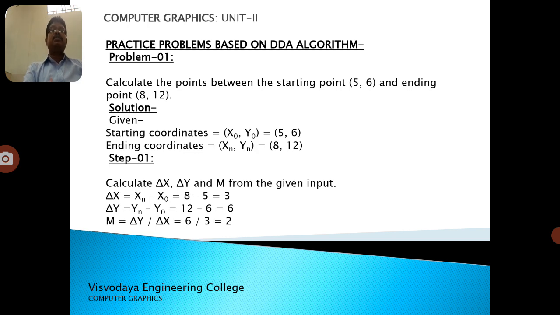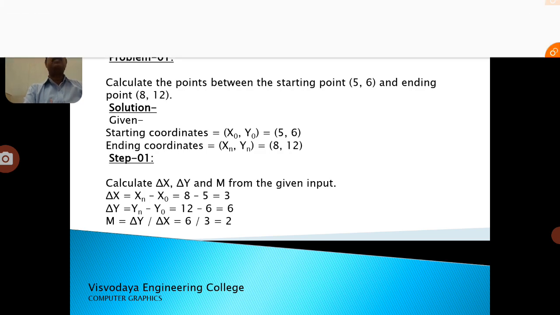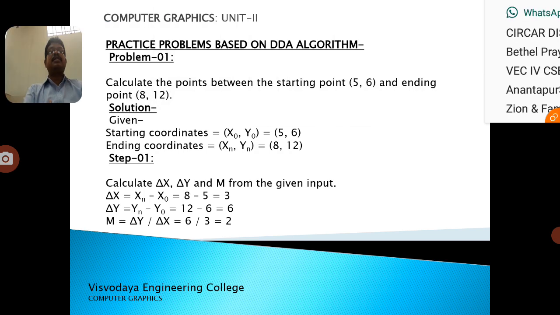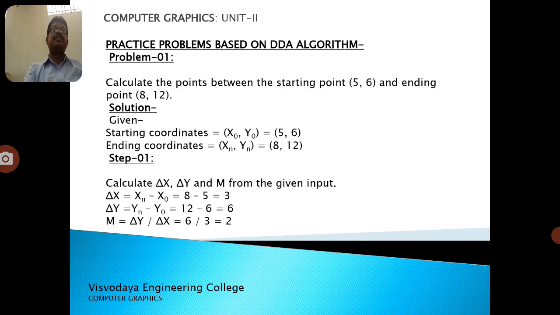Next, we continue finding the next coordinate based on the slope value. If m is less than 1, it takes one condition. If m equals 1, it takes one condition. If m is greater than 1, it takes one more condition. The last step is to continue this process until the ending point is reached.